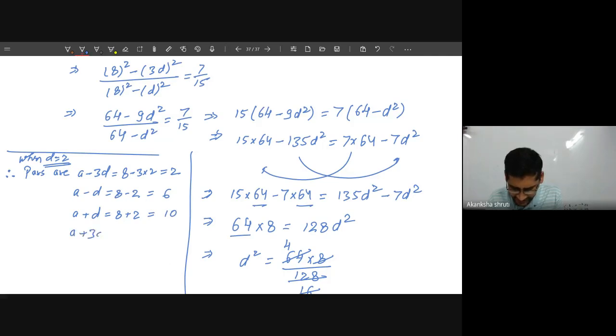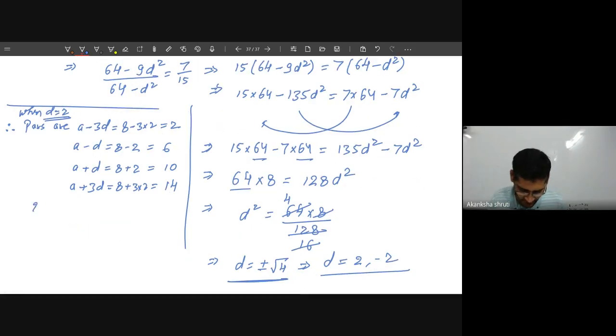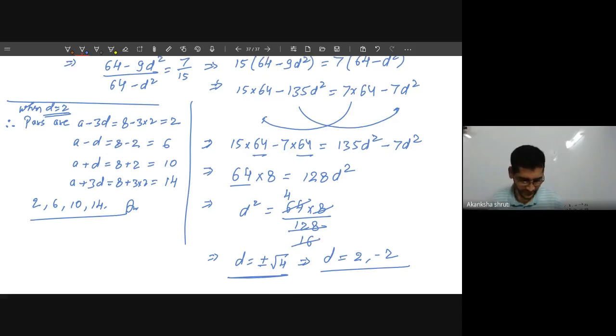A plus 3D, 8 plus 3 into 2, so it is 6 and it is 40. So a student, one possible set is 2, 6, 10 and 14. This is the one answer. If you add this, again you will get 32 at the same, because 10 is there, 14 24, 6 is 30, 2 is 32.